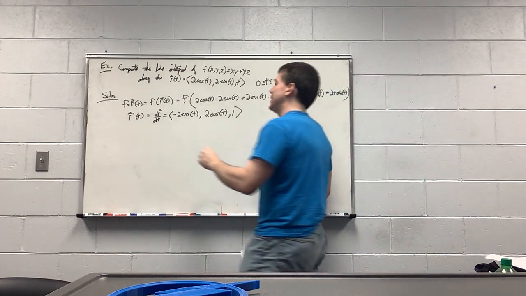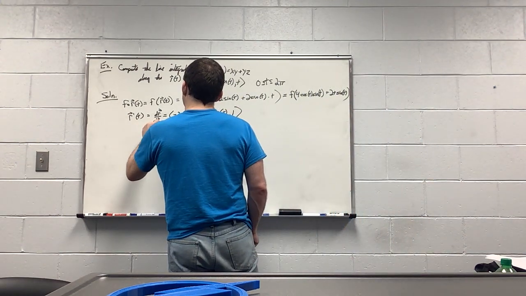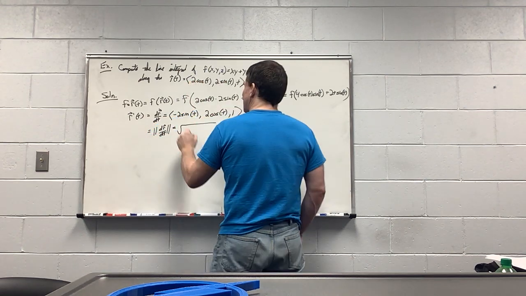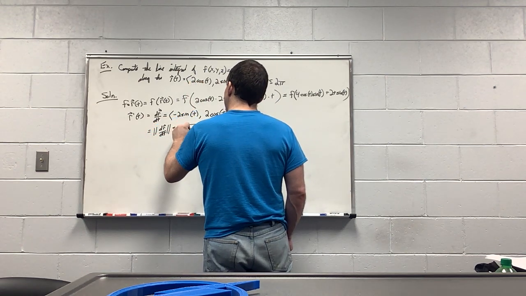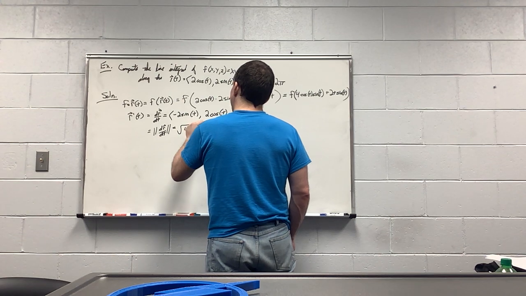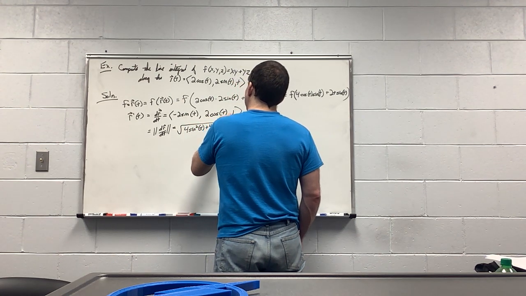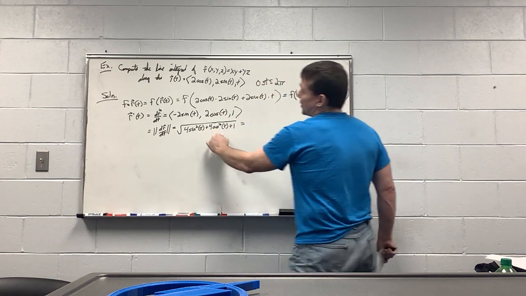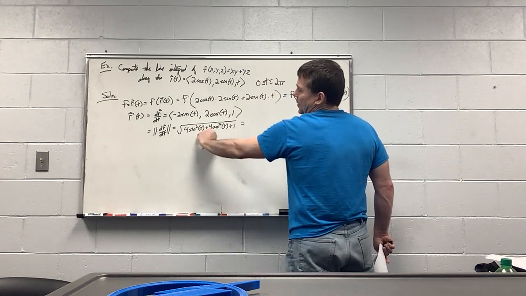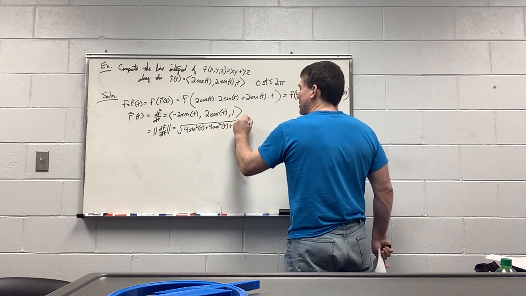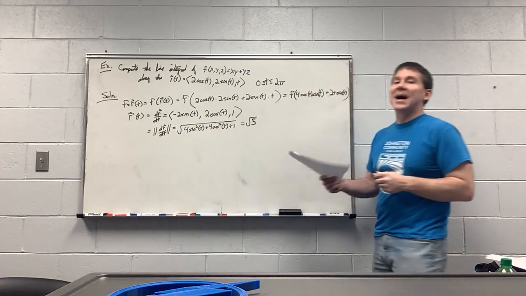There's my dr dt, but then I need the magnitude of dr dt, which is the square root of, if I square that, 4 sine squared t plus 4 cosine squared t plus 1. We know the trick. Factor out the 4, it becomes 4 times sine squared plus cosine squared, which is 4 times 1, which is 4 plus 1, and that's root 5.